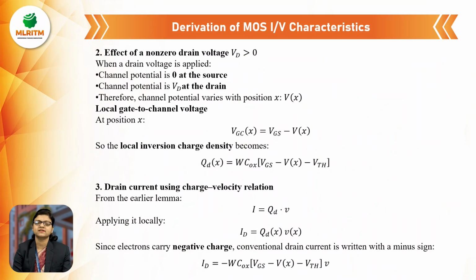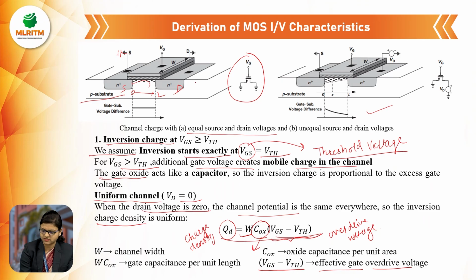Now we'll see the effect of the drain voltage when it is greater than 0, whenever we have applied some voltage at the drain terminal. Whenever a drain voltage is applied, there are two conditions. Here, whenever we apply some gate voltage, this is the source and this is the drain.